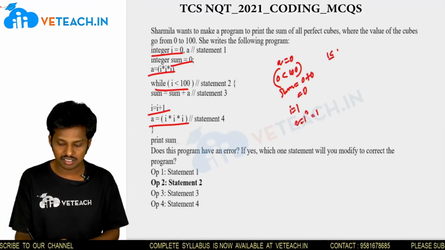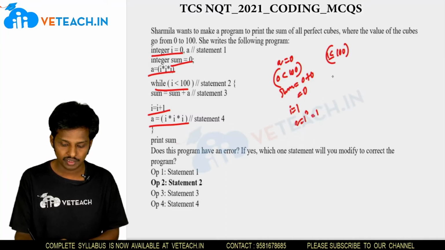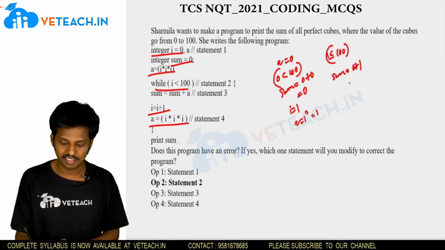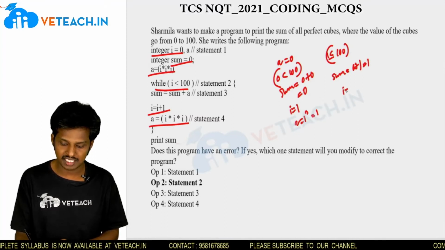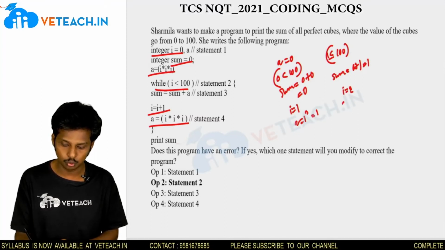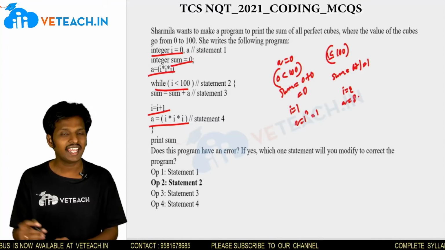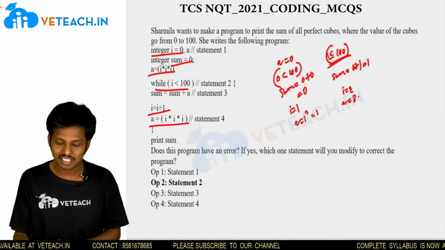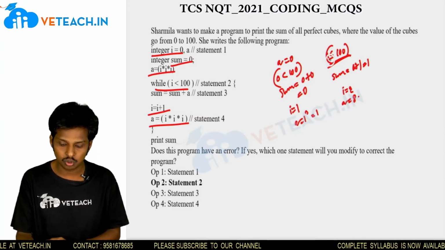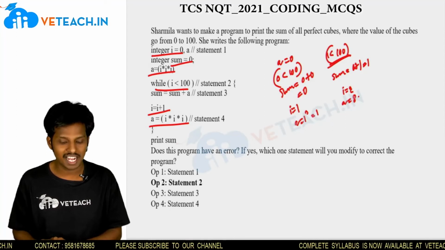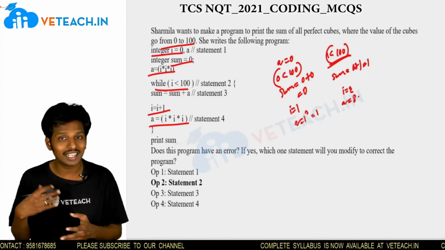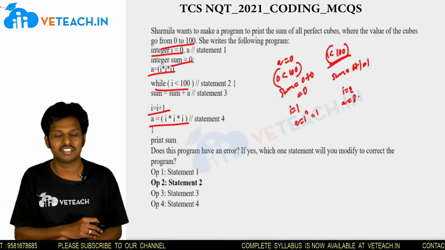Next, 1 less than or equal to 100 is true, where sum is equal to 0 plus 1 is calculated, that is 1, and then I is equal to 2 and A is equal to 2 cube, that is 8. In this case, I less than 100 is only present. It's not going to consider the 100 value. It was asked to print going from 0 to 100. Even 100 should also be considered.